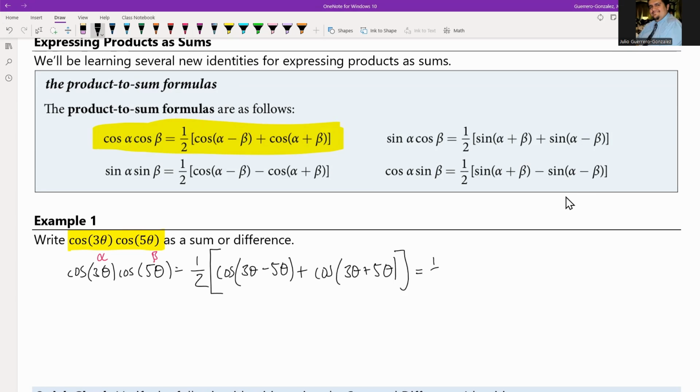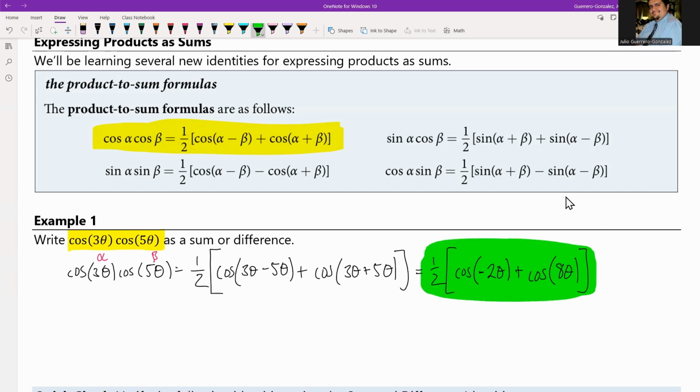And this is going to be 1/2, big brackets here, cosine 3 theta minus 5 theta is going to be minus 2 theta, plus cosine of 3 plus 5, that's 8 theta. We are done. Hopefully you guys see how simple that is.